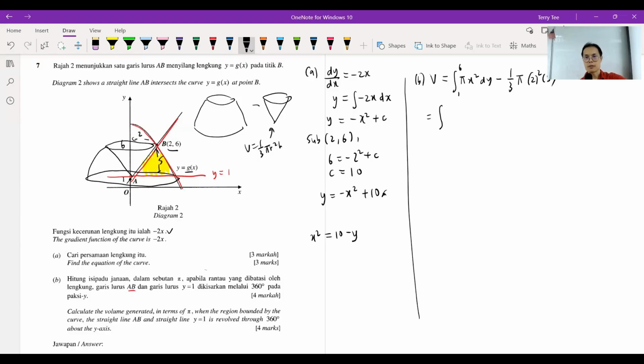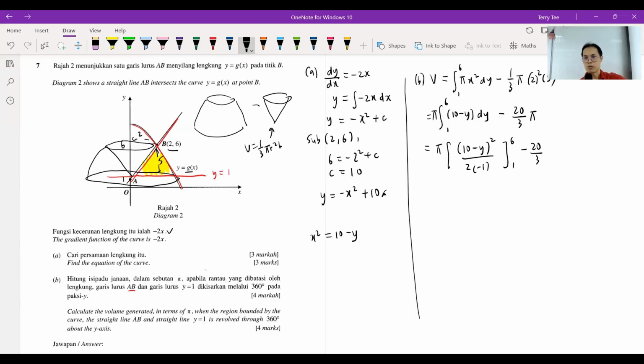So take out the pi here, 10 minus y dy, lower limit 1, upper limit 6. So 2 squared is 4, 4 times 5, 20, 20 over 3 pi. So as I integrate, I copy my bracket 10 minus y, increase the power by 1, 2, divide by 2, differentiate inside negative 1. Okay, lower limit 1, upper limit 6.